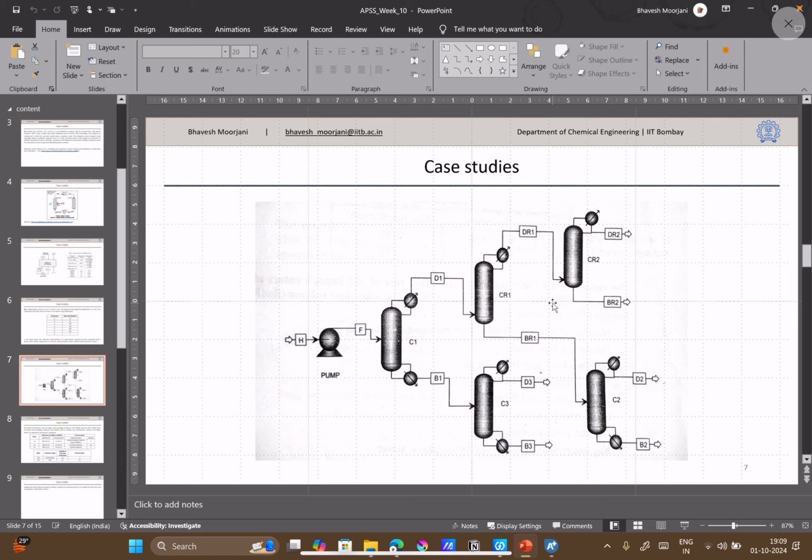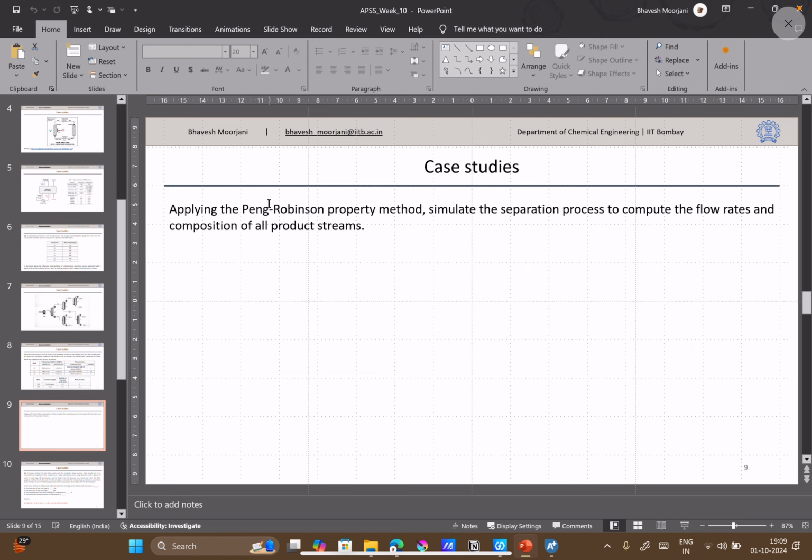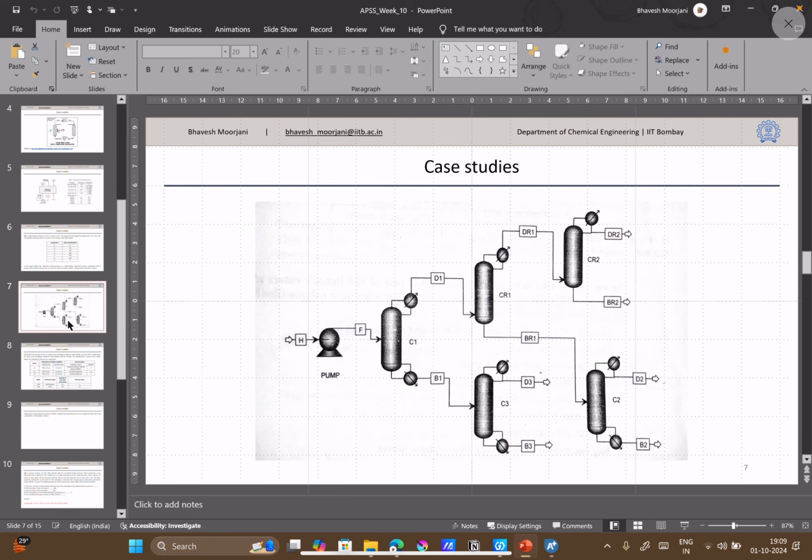So that's a modification of RadFrac column, which is referred to as RECT. They have 10 stages each, including condenser, with no reboiler. The specifications of all these 5 distillation units are shown here. Then we have to use the Peng-Robinson property method to simulate the separation process and compute the flow rate and composition of all these streams. So this is a very basic example.